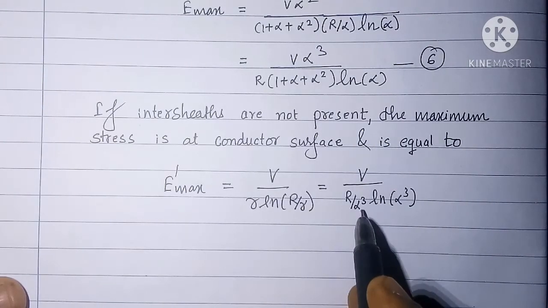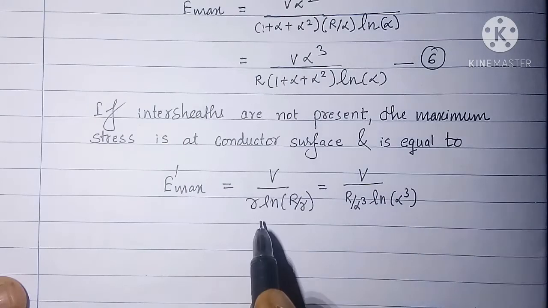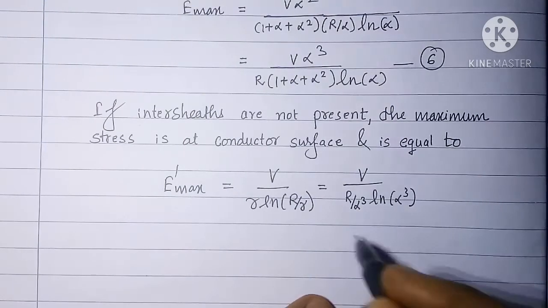R upon alpha cube is equal to R, that you can verify here.